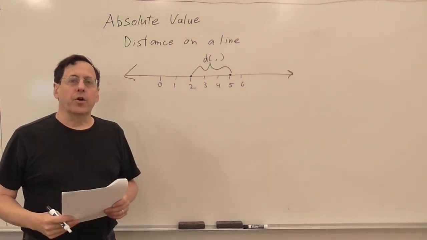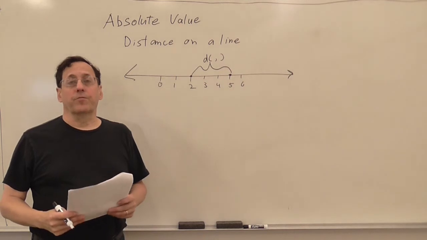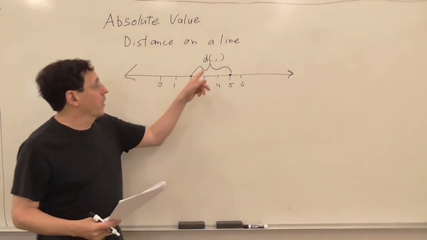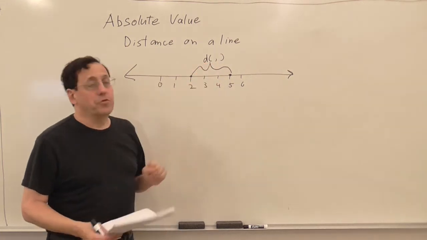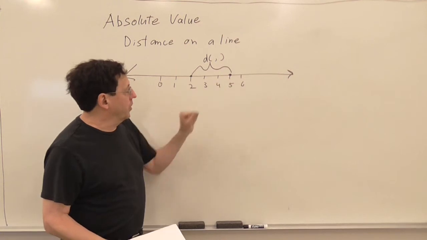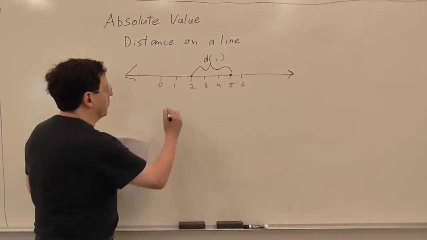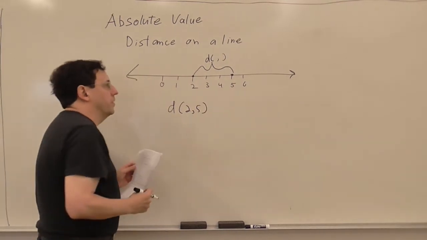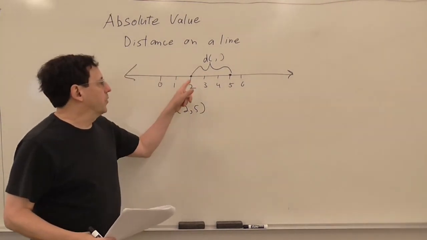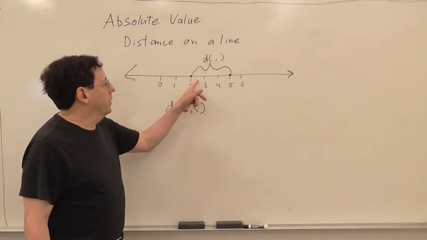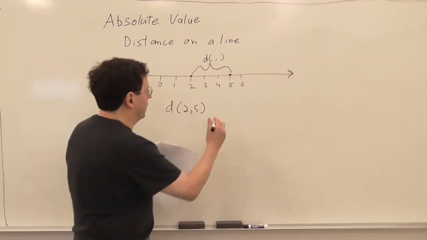Finally, I want to talk about what we're going to call the distance function that we're going to write as d of 2 points. In this case, let's look at this example. We're going to look at what d of 2, 5 is, d being the distance between 2 and 5 on the line. Now we can see very quickly that's going to be 1, 2, 3.